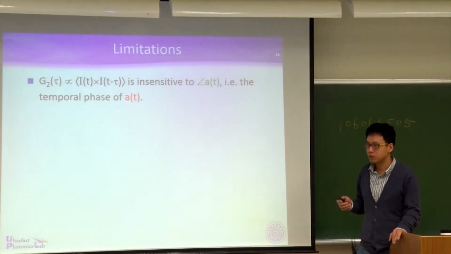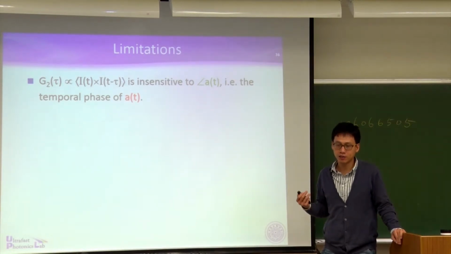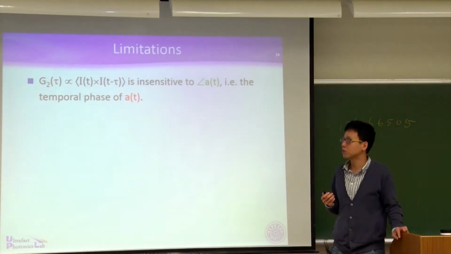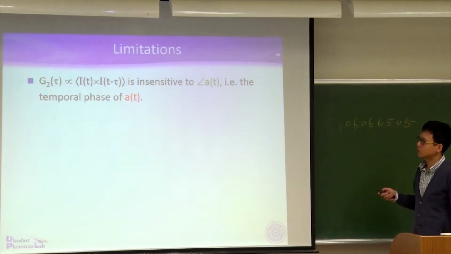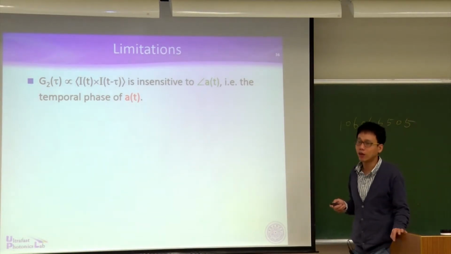Okay, limitations. What are the troubles suffered by the intensity autocorrelation measurement? First, if you observe the definition of the G2 function, it's here. You can see it is insensitive to the phase of A of t, or the temporal phase of the pulse, right?